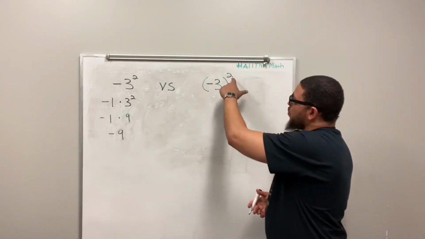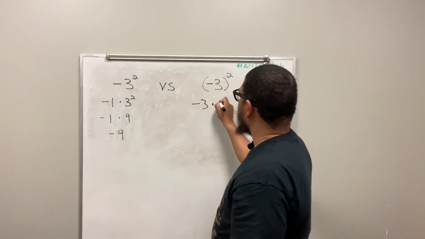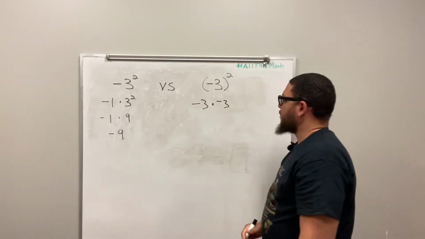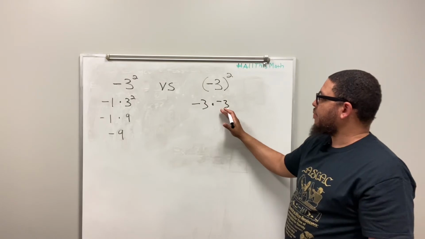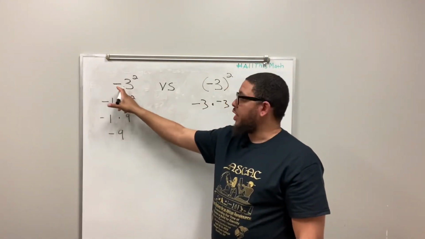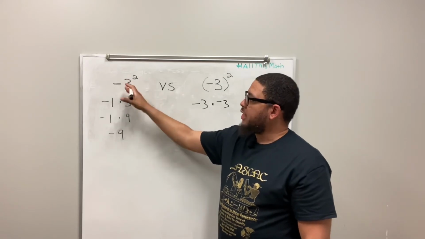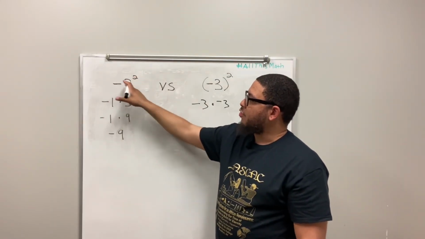Because now, in order to apply the exponent, what you're really saying is -3 times -3. That's not the same thing as what's going on over here. Over here, when you follow the order of operations, you need to separate this negative sign from the 3.